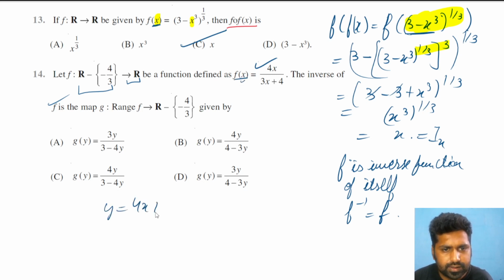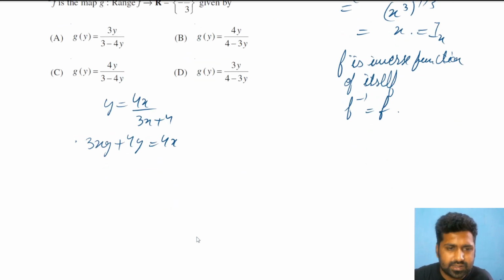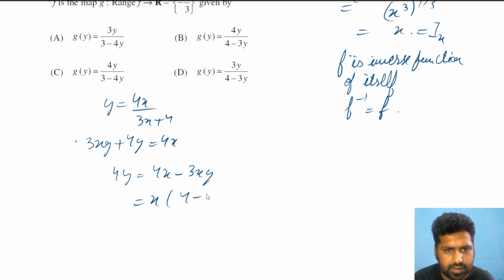Y is equal to 4x upon 3x plus 4. Calculate the value of x. Multiply this, 3xy plus 4y is equal to 4x. We want a single x, so combine the x together. 4y equal to 4x minus 3xy. Take x common, 4 minus 3y.